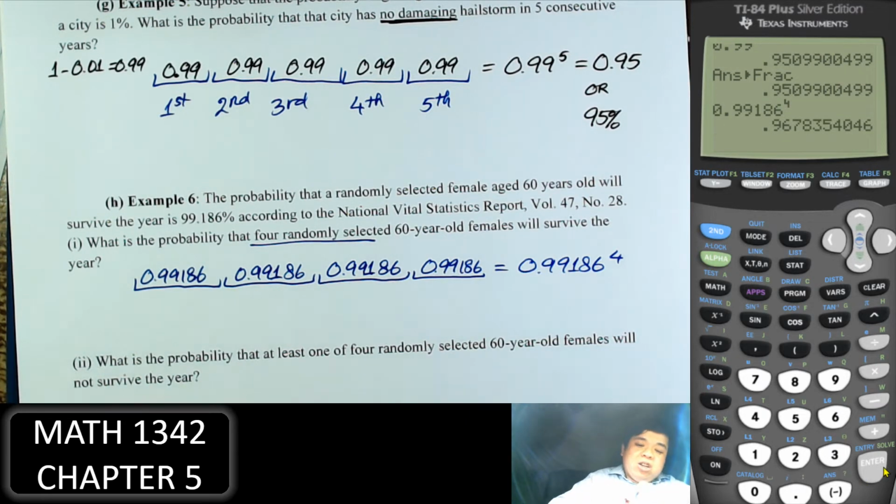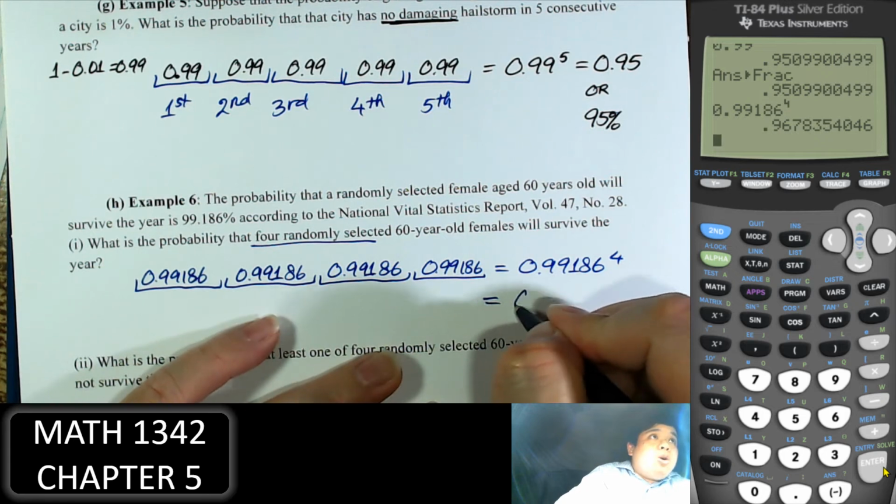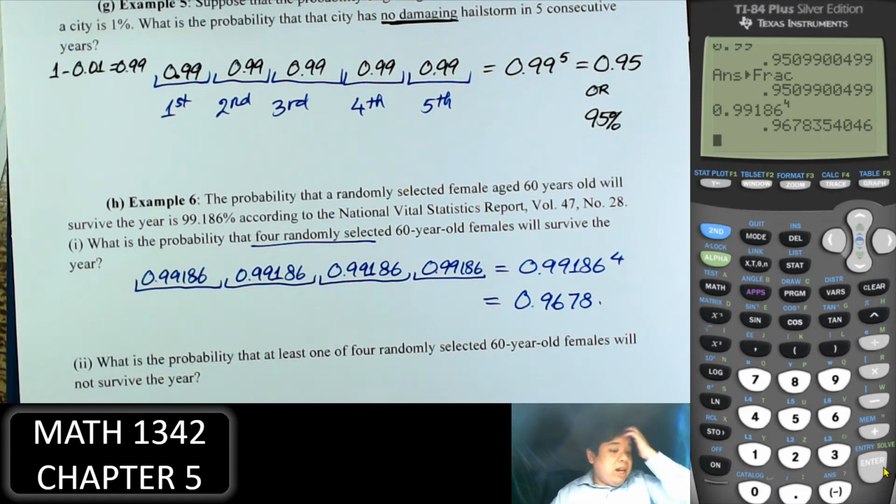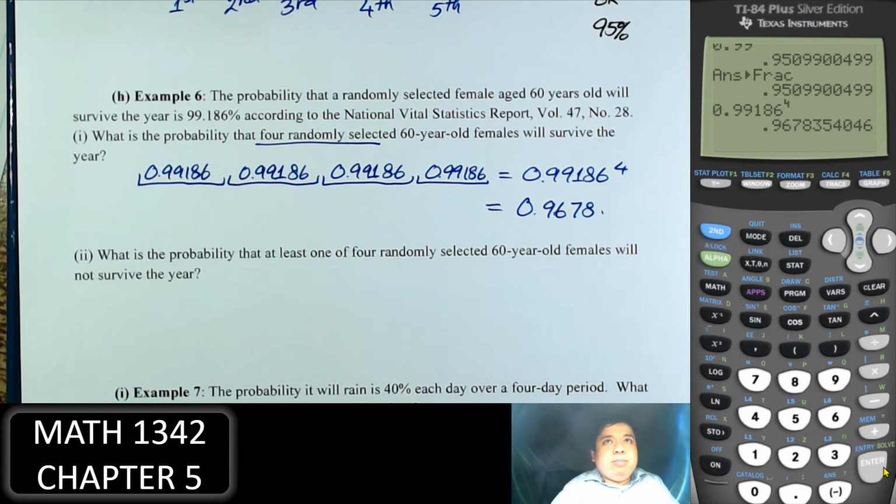And it's not going to be a fraction, so I'm just going to say 0.9678 or 96.78%.